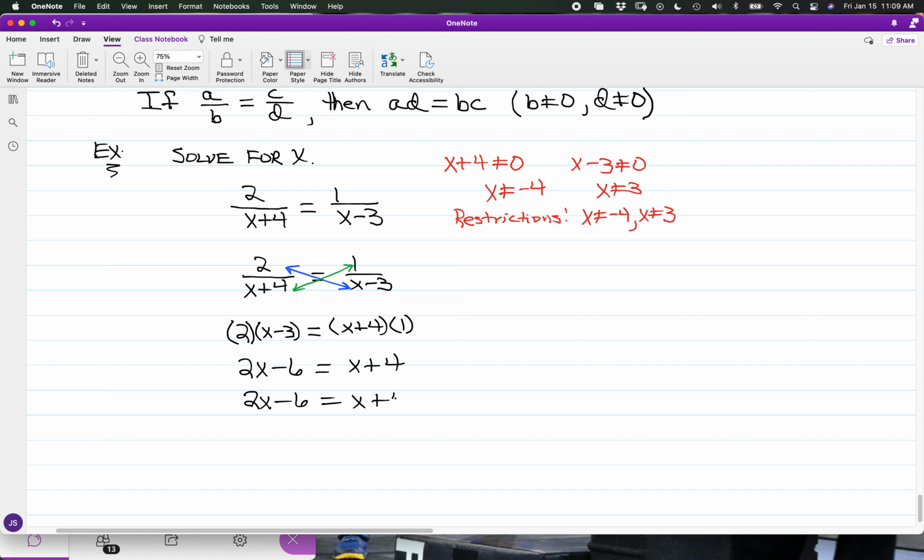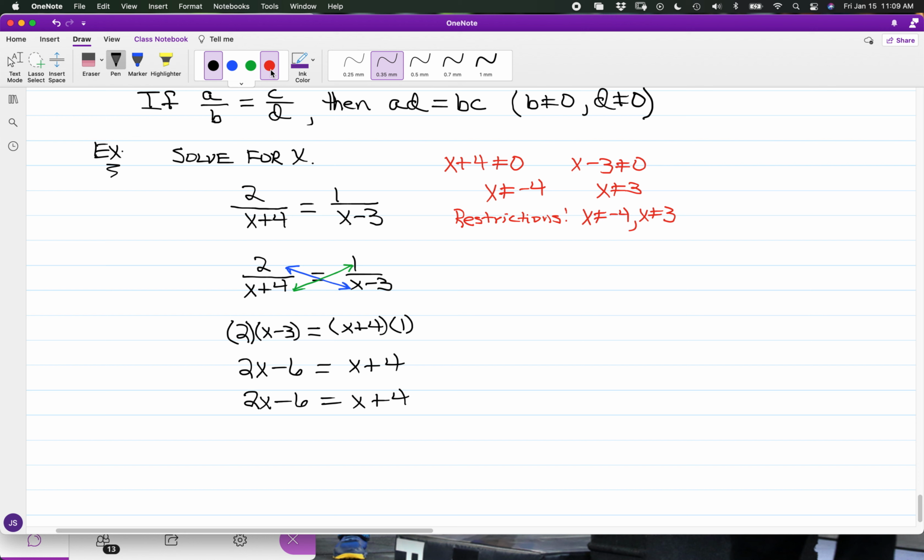So we have like terms on opposite sides, just like the very first problems that we started out with. I can combine the x terms and take out the smaller. So 2x minus x becomes x, and we have x minus 6 is equal to 4.